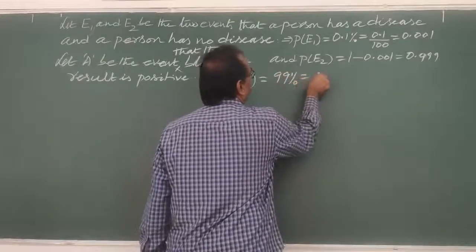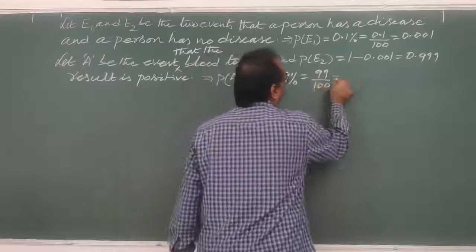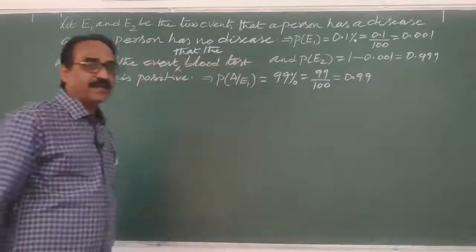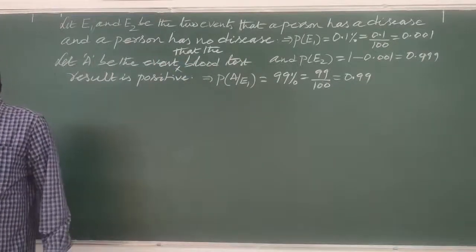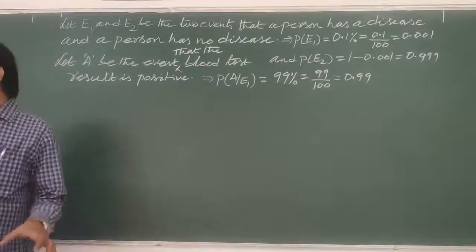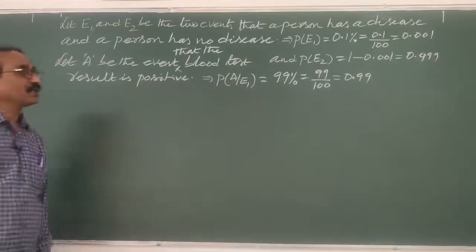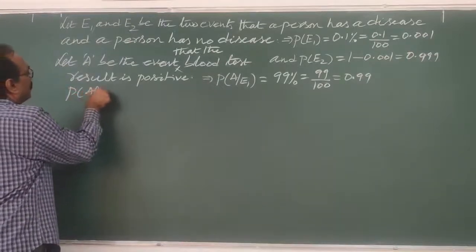99% means what? 99 by 100. 99 by 100 is how much? 0.99. What is the meaning of this? Probability of A given E1 means the probability the result is positive given that the person has the disease. That is the meaning. Next, what is the probability of A given E2? You tell me now.